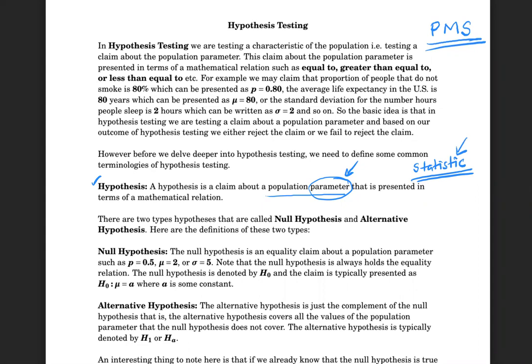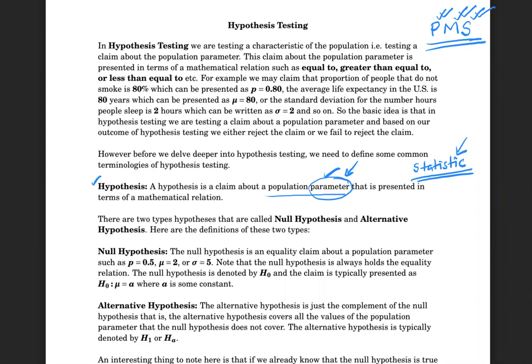So in this chapter, you are doing hypothesis testing. You're testing a claim about some population parameter. Typically, it is either proportion or mean or standard deviation of the population. You may be asking a question about the population proportion. You may be asking a question about population mean. You may be asking a question about population standard deviation.